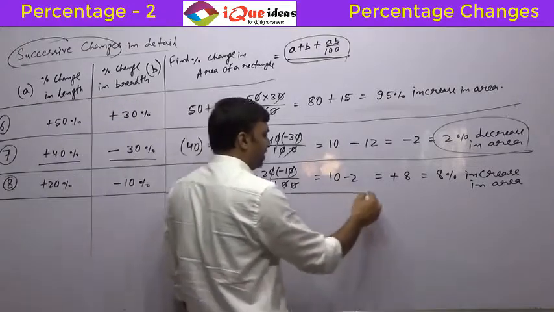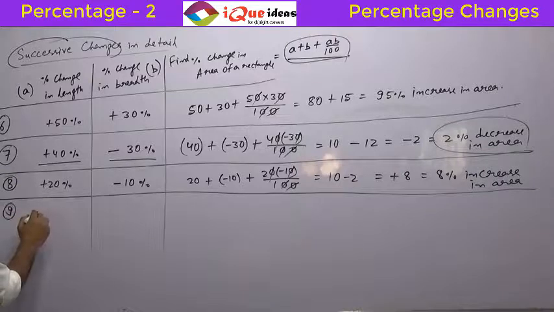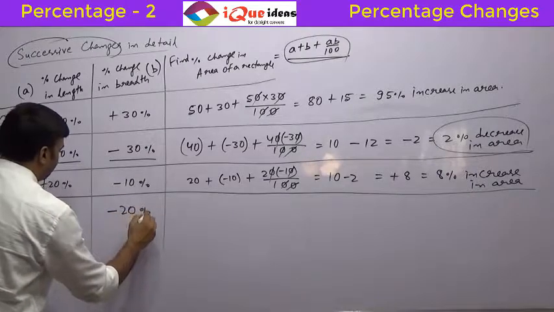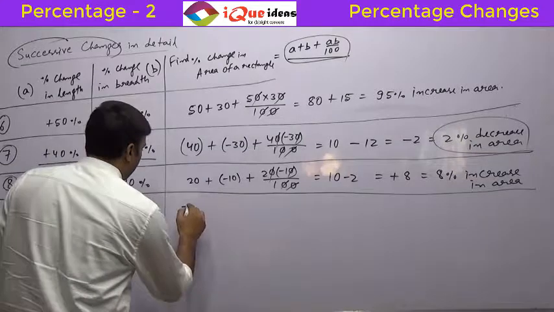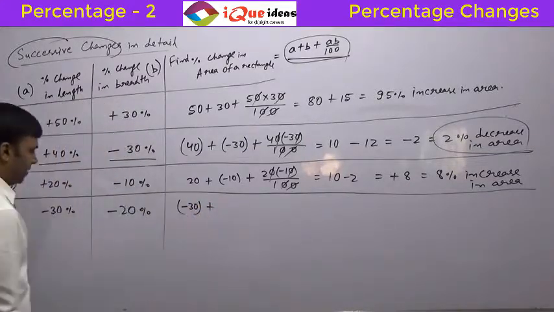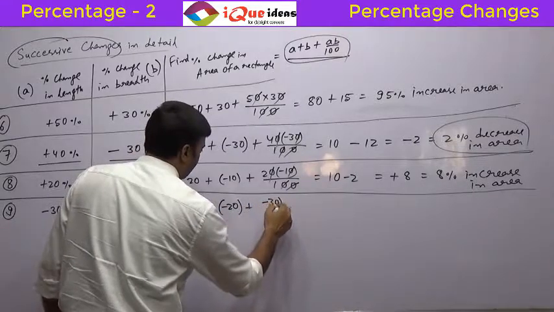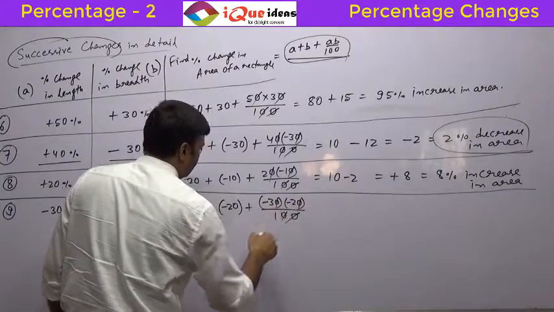Let's take one more example. If we say that the length decreases by 30% and breadth also decreases by 20%, then what is the net change in the area? So it will be minus 30 plus minus 20 plus minus 30 into minus 20 divided by 100. 0 and 0 are cancelled.